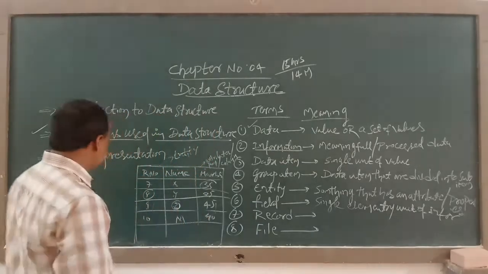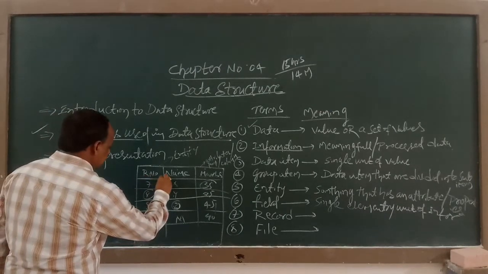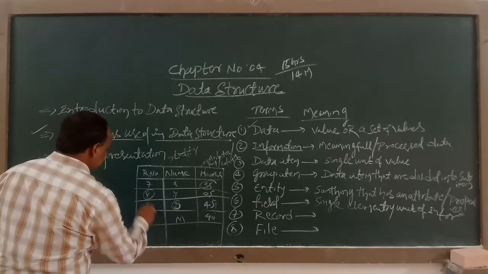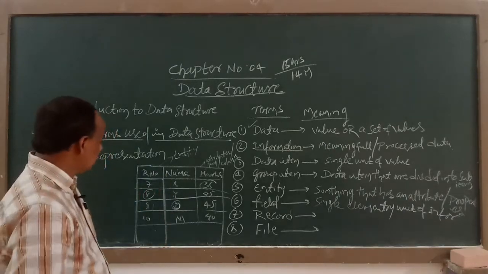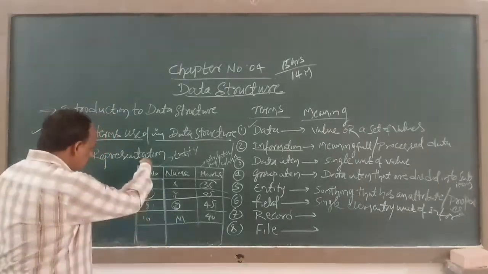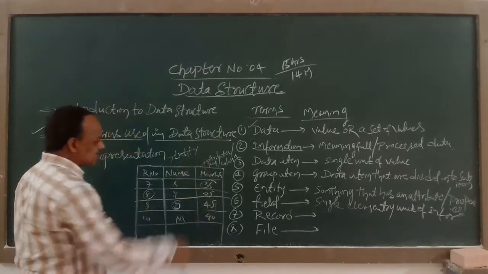For example, this is a roll number field, this is a name field, this is a marks field.